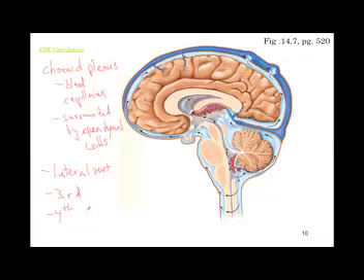Now keep in mind, there's a fixed volume or fixed amount of empty space that can be filled with fluid. And these things are constantly producing cerebrospinal fluid. They do it by filtration. The blood flows through these capillaries, and the pressure forces blood plasma out of the blood, not the blood cells, but the blood plasma out of those capillaries, through those ependymal cells, and then into those spaces.